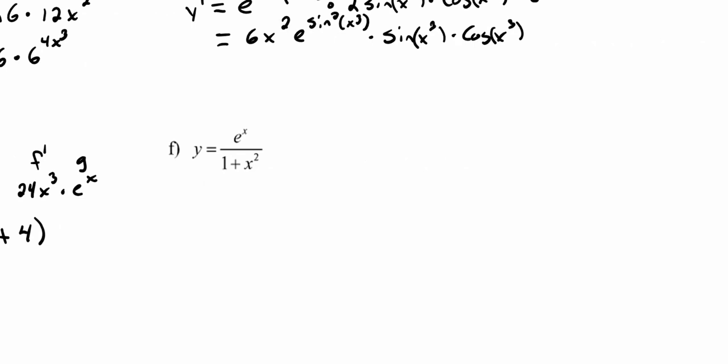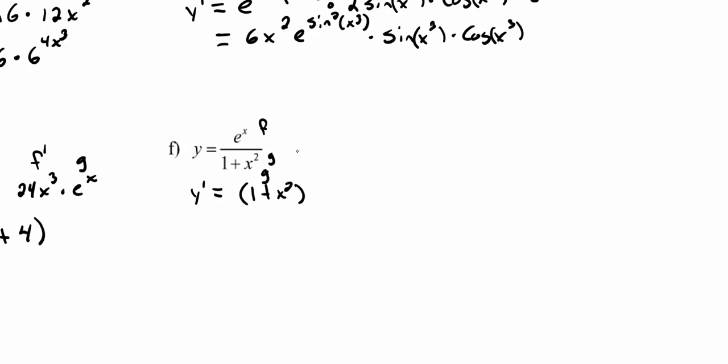All right, now a quotient rule example. So we'll do y prime is equal to, so this will be my f and that'll be my g. So g, which would be just writing 1 plus x squared again, right? So that's my g.